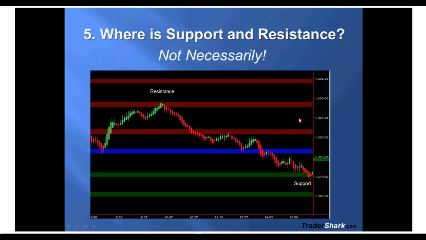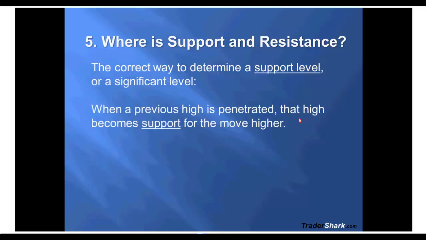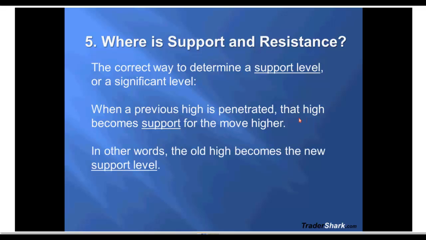So let's go ahead and look at it from a different angle. The correct way to determine a support level or a significant level, and the reason this is important is this significant level is what's going to determine whether the market reverses at the reversal zones. It all makes sense when you put it together. When a previous high is penetrated, that high becomes support for the next move higher. Support level, not a resistance level.